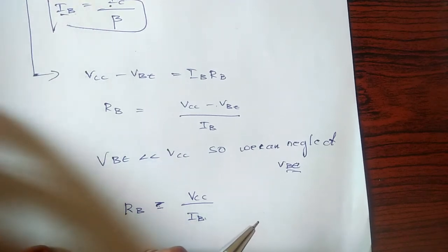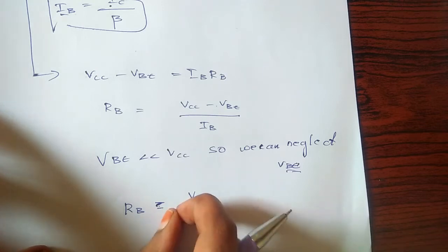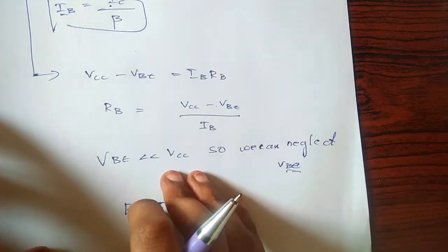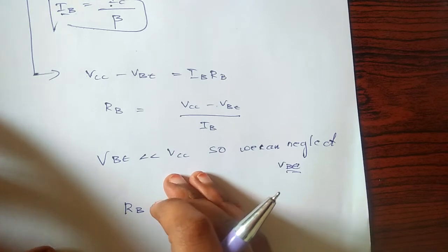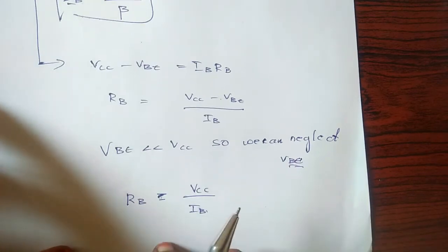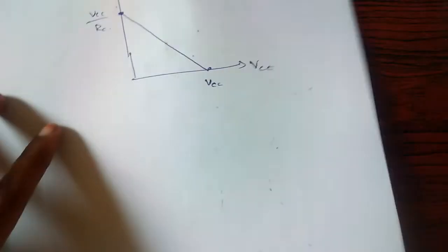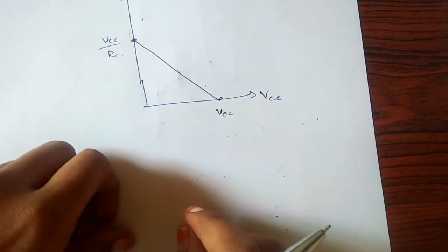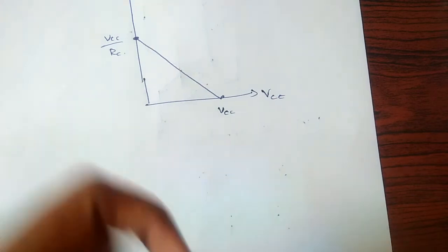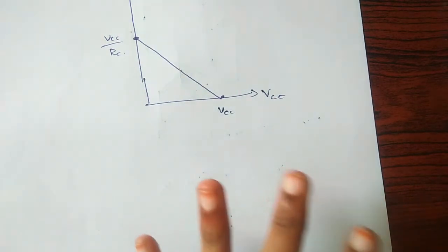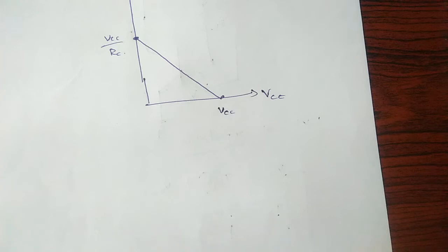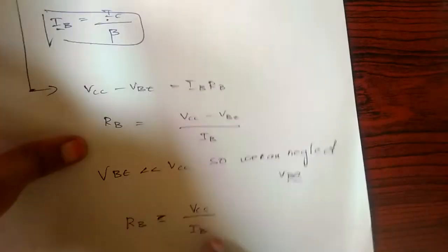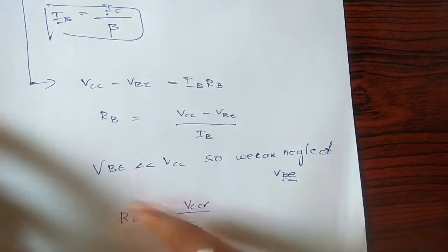The base emitter voltage VBE is very small, so we have neglected it. Therefore, the resistor RB is approximately RB is equal to VCC by IB, or IB is equal to VCC by RB. Here VCC is a fixed known quantity and RB is chosen at some suitable value. Thus, the current IB is constant. So here VCC is constant.